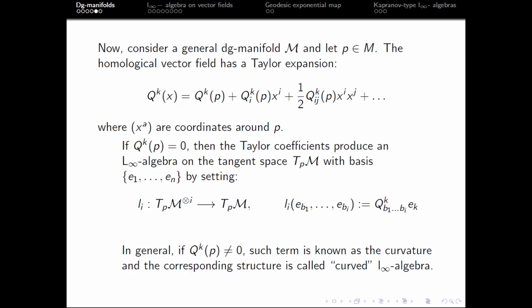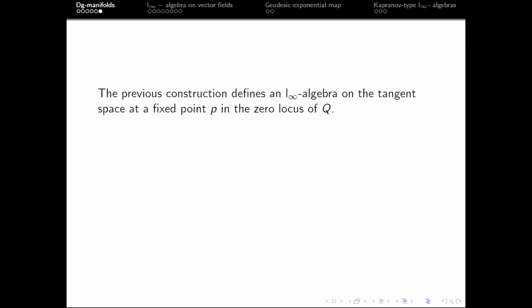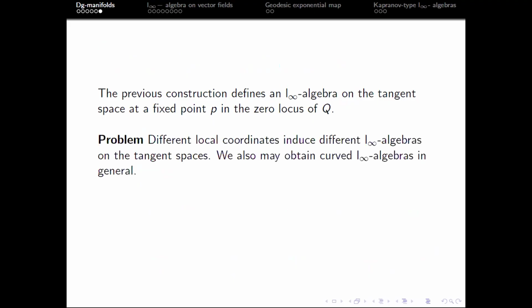So now, this construction, as I mentioned before, is only on the fixed tangent space at this point P. And of course, it depends on the choice of coordinates. The natural question to ask is, what if we change coordinates, or what if we want to obtain a global construction, which is more intrinsically defined?